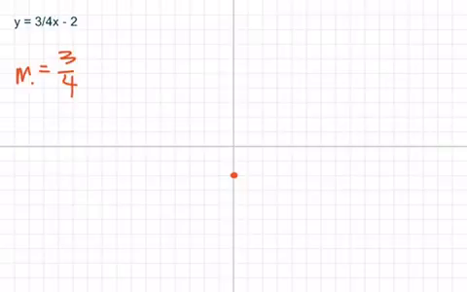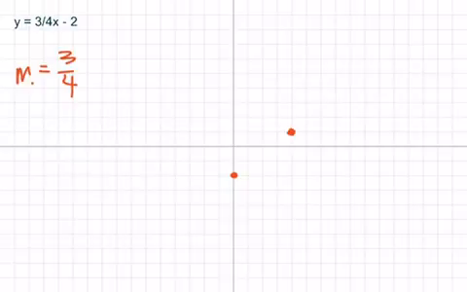This time we have a +3, so we go up 3. 1, 2, 3. Rise first, and then we have a +4, so now we go to the right 4. 1, 2, 3, 4. Once you do both rise and run, then you plot your point.